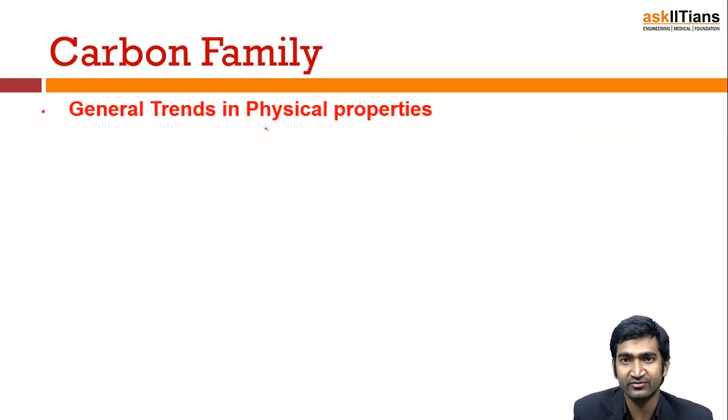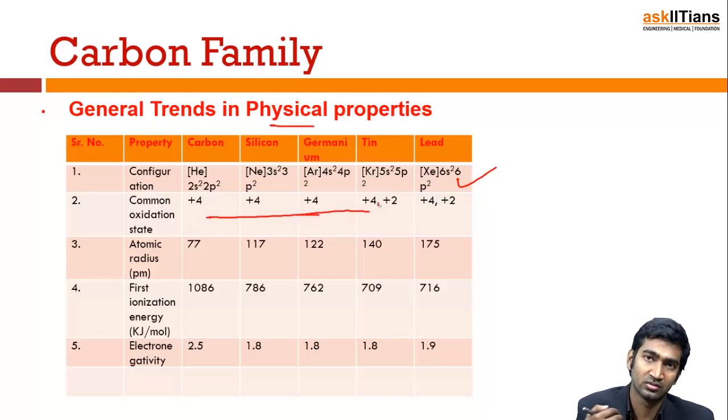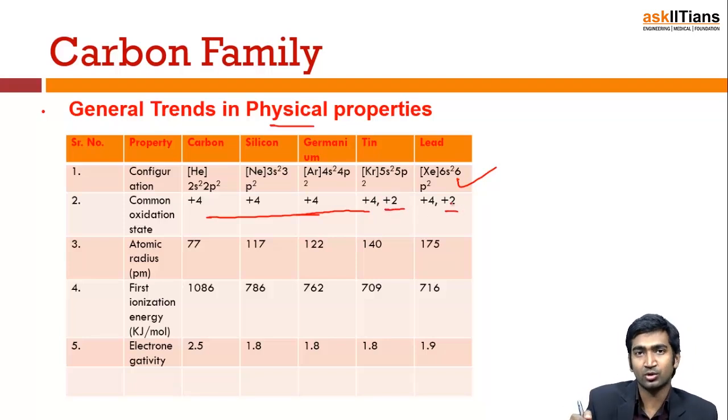Now the general trends in physical properties are like this. The configuration will be 2s2 2p2, 3s2 3p2, 4s2 4p2, 5s2 5p2 and so on. The common oxidation state is +4, but as you go down the group, +2 also comes, because it is easier to lose those electrons.